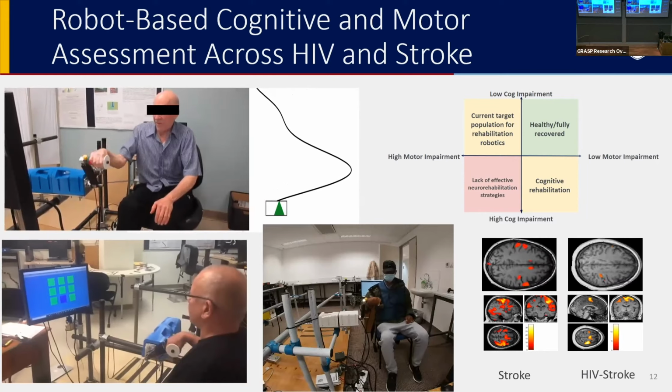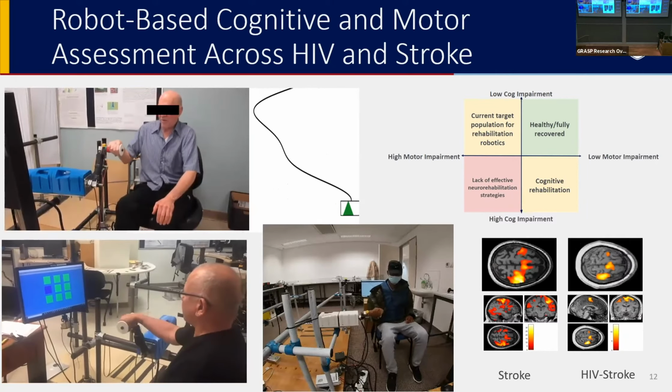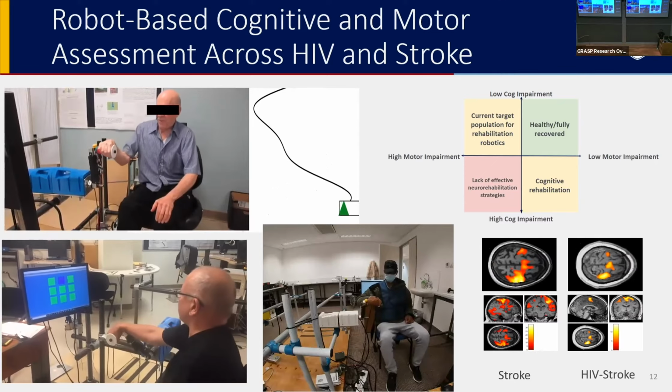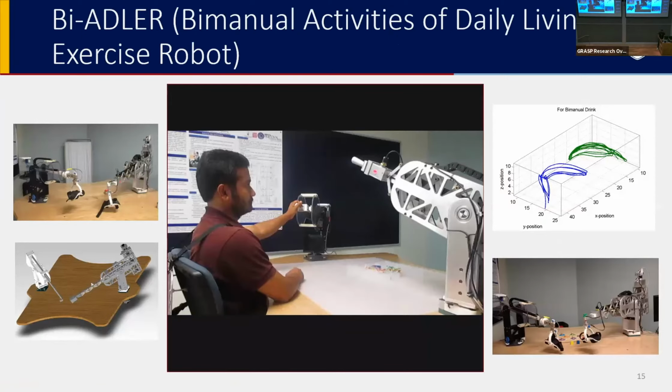And the idea is that as they do activities together, the person who is less impaired can assist the person who is more impaired. This idea of less impaired helping more impaired is the same idea behind our biAdler. And biAdler is a bimanual arm to help people with upper extremity impairment who have bilateral impairment, which means that one side of their body, at least one arm, is less impaired than the other.